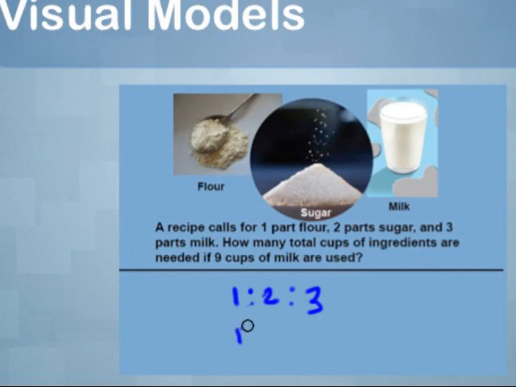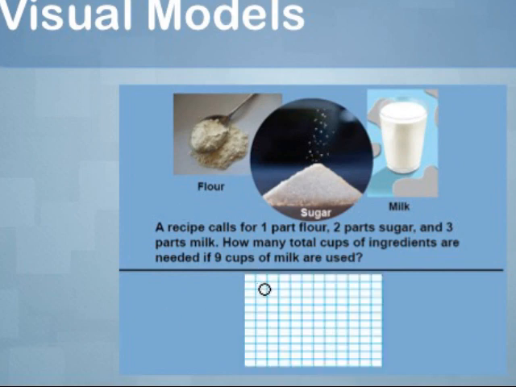For flour, sugar, and milk. To model it visually, you can use grid paper like this. Mark out a 1 to 2 to 3 set of adjacent squares, 1 for flour, 1 for sugar, and 1 for milk, like this.